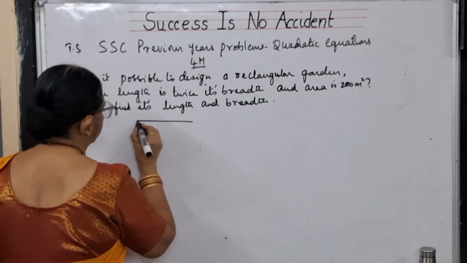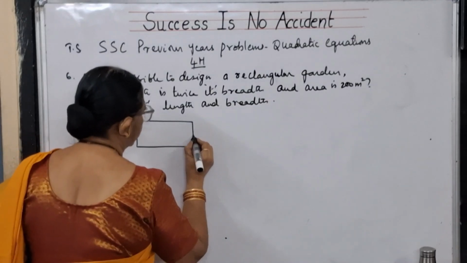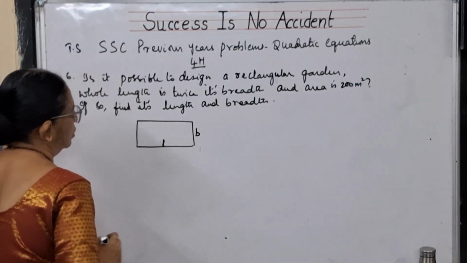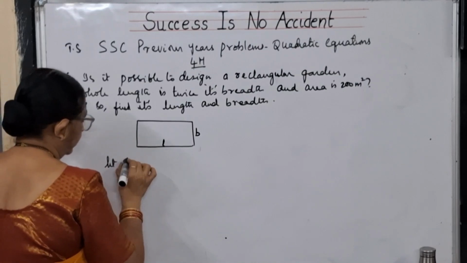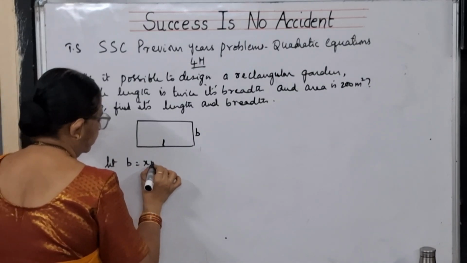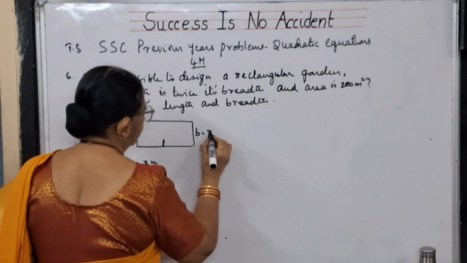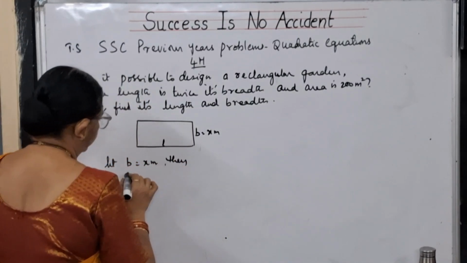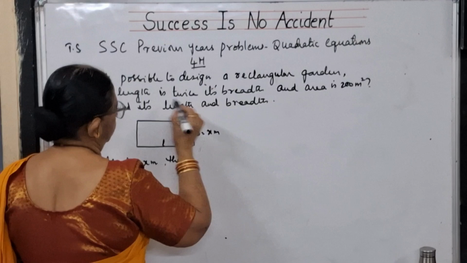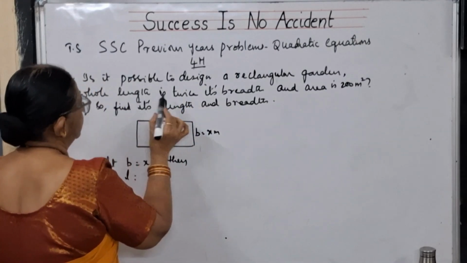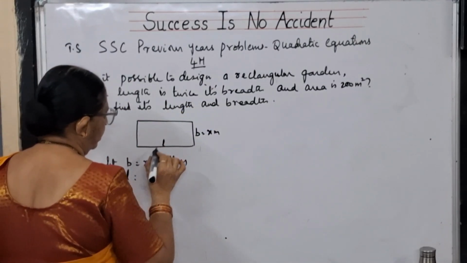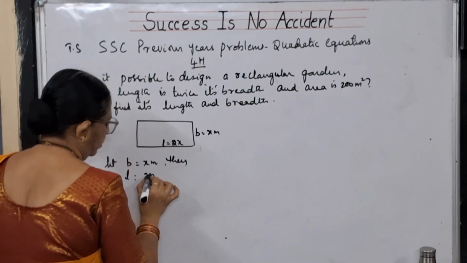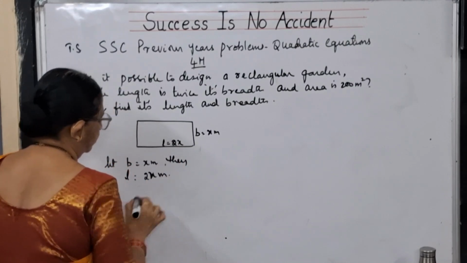There is a rectangular garden. Let this is B, this is L. Now let B is equal to x meters. So B value is x meters. Then what is L? What they say, sorry, length is twice the breadth. L is equal to twice the breadth, 2x meters.